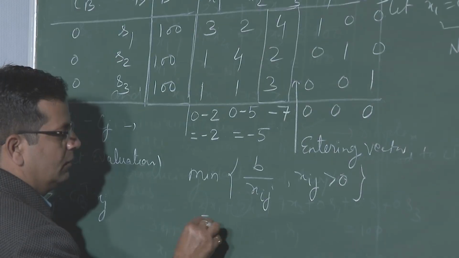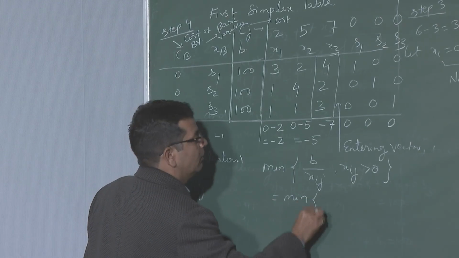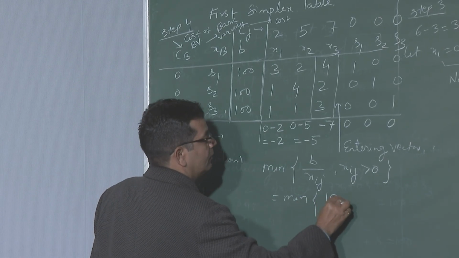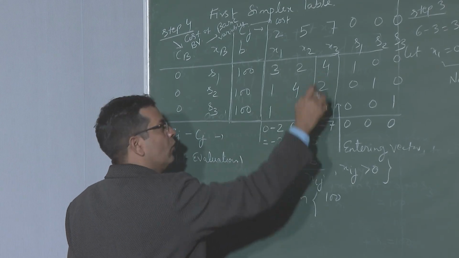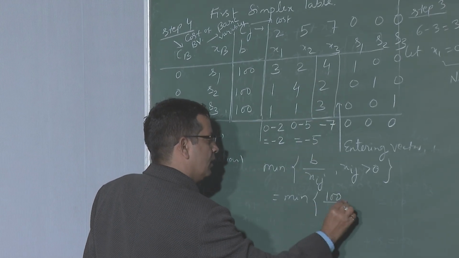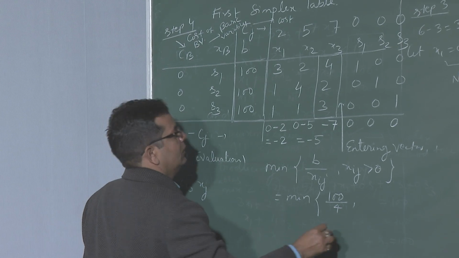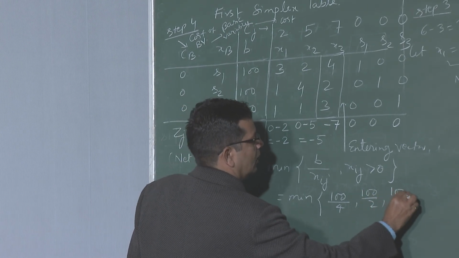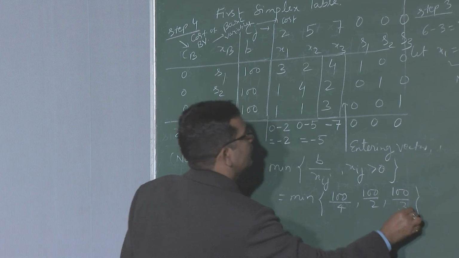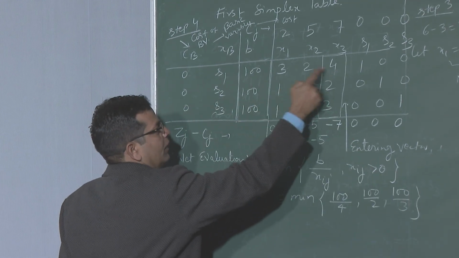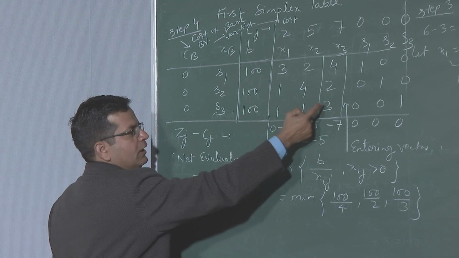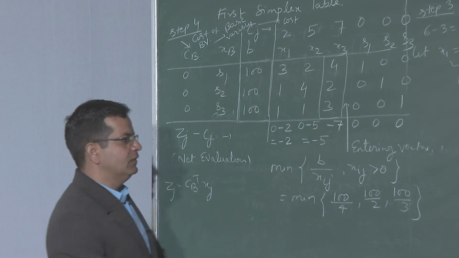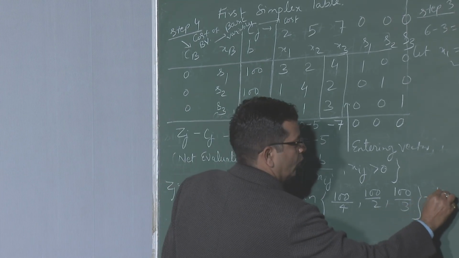So, here the ratios are 100 upon 4, 100 upon 2, and 100 upon 3. So, the minimum is 100 upon 4.